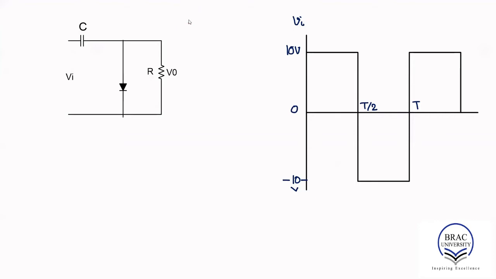So let's start to analyze a clamper network. So this is our clamper network, a capacitor. Let's say the value of the capacitor has been chosen appropriately, big enough. And then we have a diode. Let's consider, for simplicity, diode is ideal.